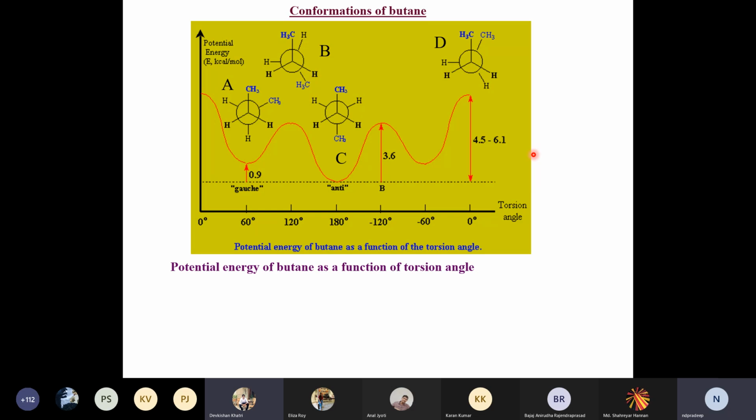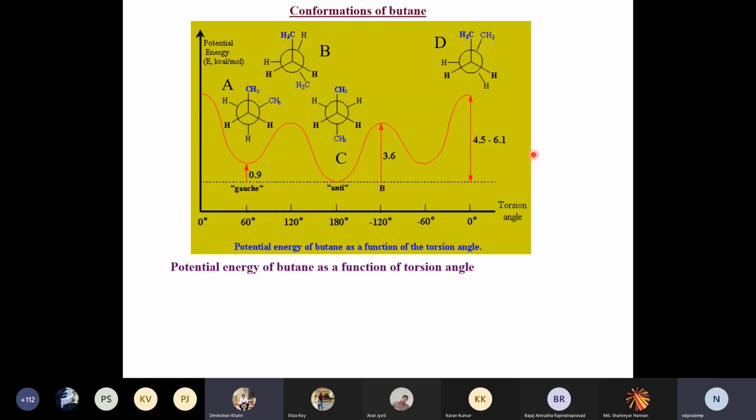Now I am asking you another question. Which are the minimum energy conformers here? Gauche and anti. Very good. Don't make a mistake. The least energy conformer is the anti form, no doubt.